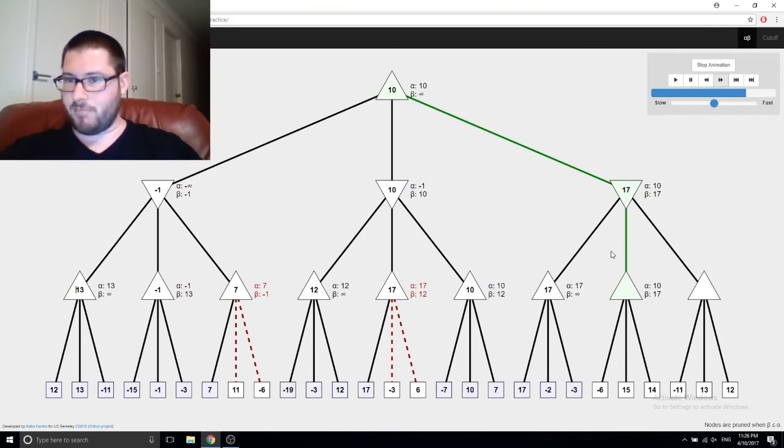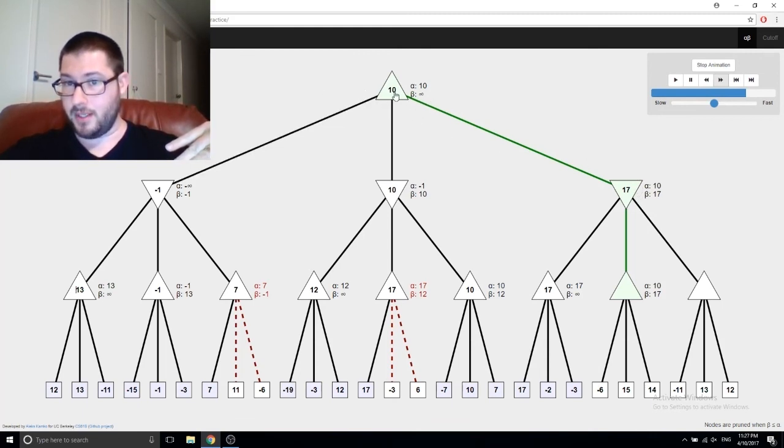So there's no need to cut this off, okay? Because the way things are looking, it's actually looking like a pretty good option to go down this route.